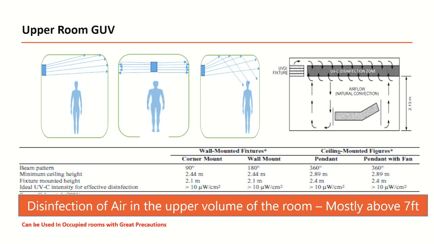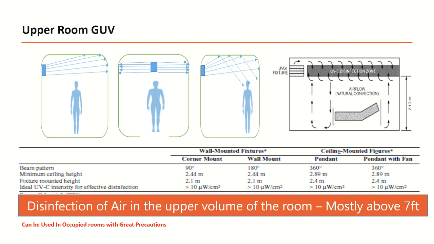Here, care should be taken that when you design and install these products, they are done properly and they do not directly or indirectly send the rays downwards, below the 7 feet height where people are working or occupied.